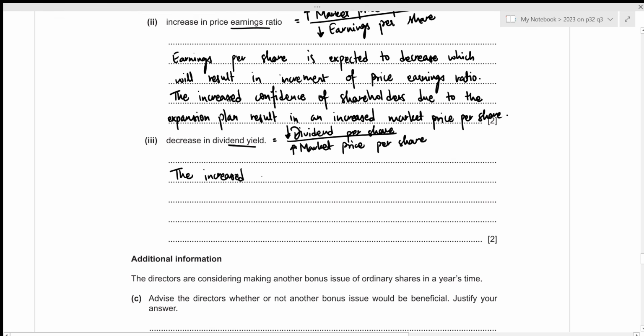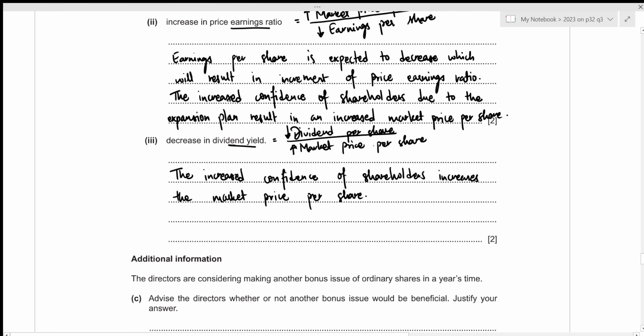The increased confidence of shareholders increases the market price per share, and we need to talk about the dividend per share as well. Remember, we made a bonus issue of 300,000 shares as well as the rights issue of 100,000 shares.